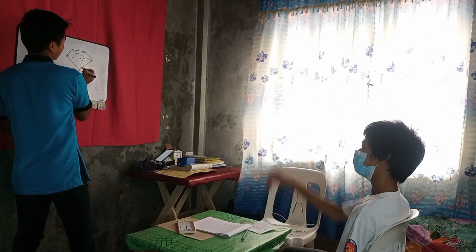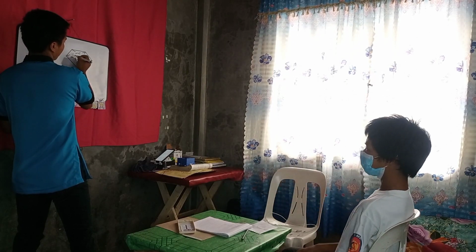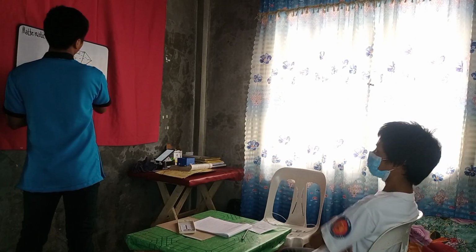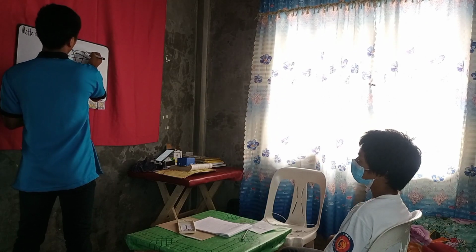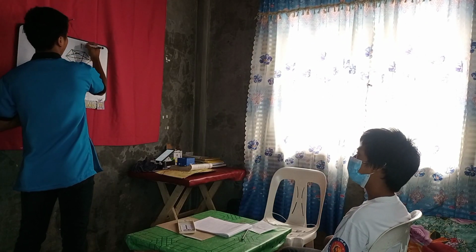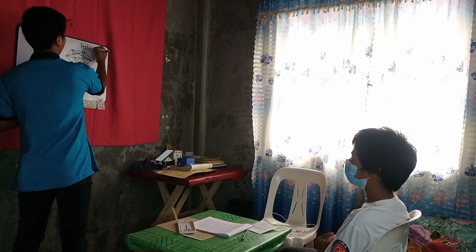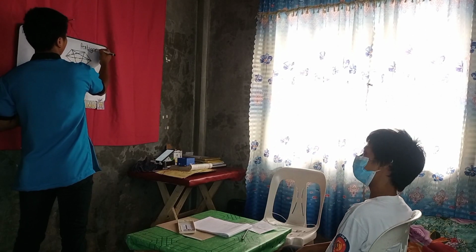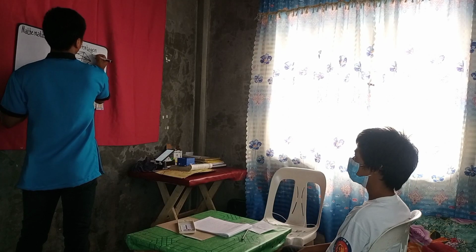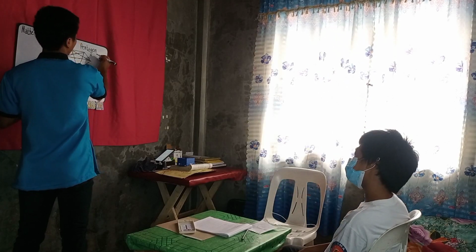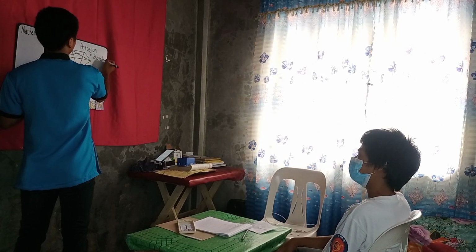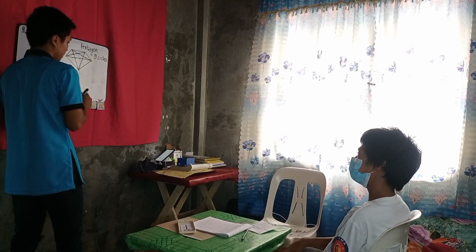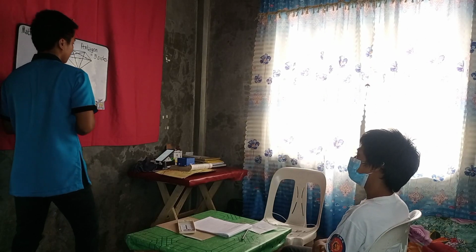Saan pa? Diyan sa pababa, sir. Yan. 5. So, there are 5 diagonals that we can draw inside of a pentagon. Let us recall, a pentagon is a polygon having 5 sides. Okay? Yes, sir.